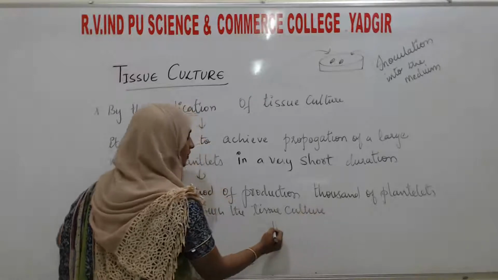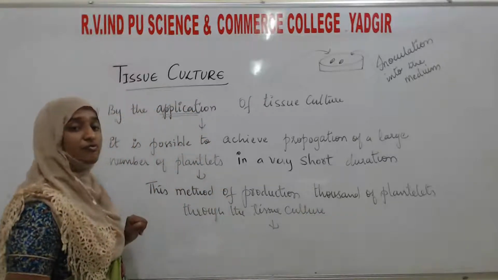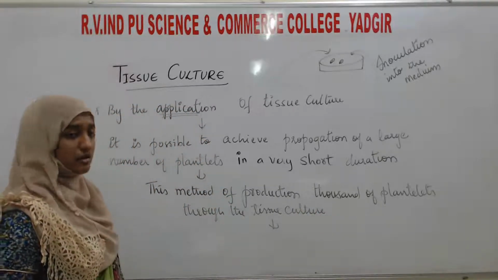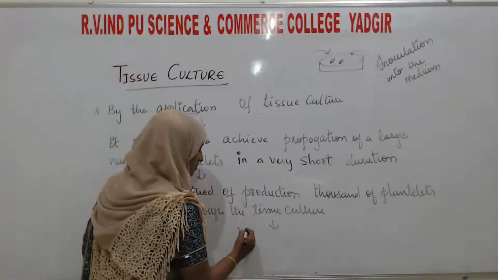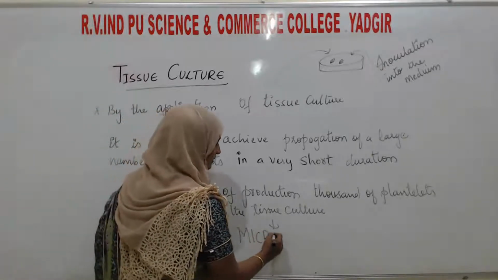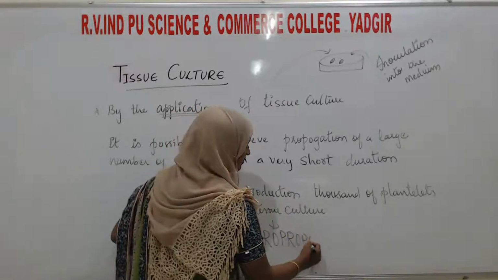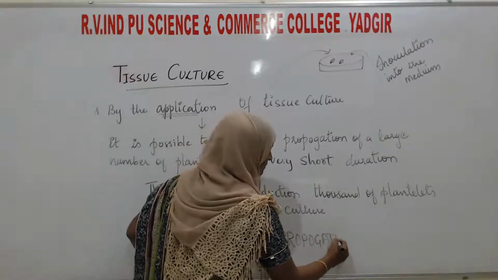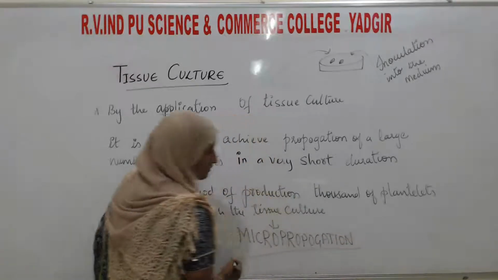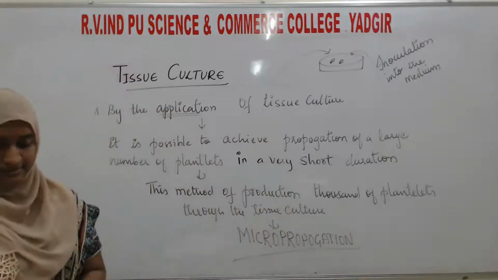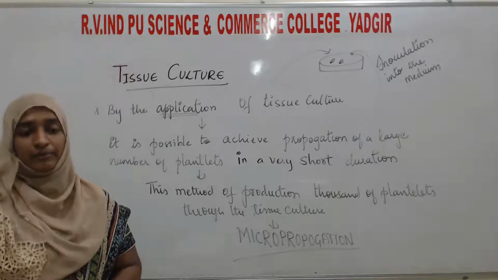This method of production of thousands of plants is known as micropropagation. What is it known as? It is known as micropropagation.